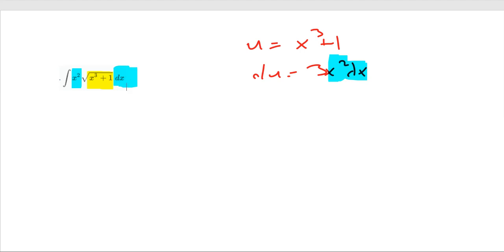Now, there's a couple of ways you could write this stuff out. And a lot of people like to solve this thing for dx. So du divided by 3x squared is equal to dx.